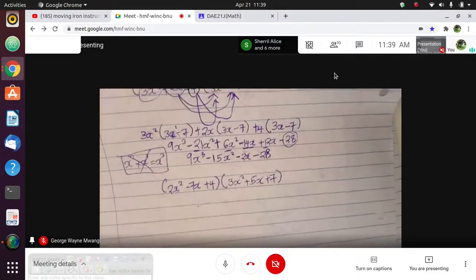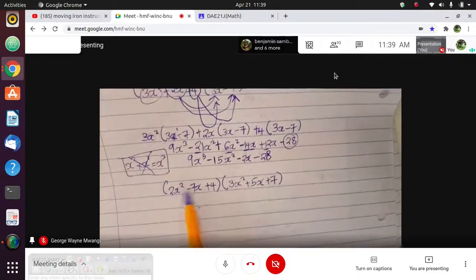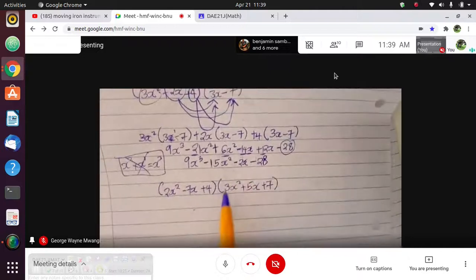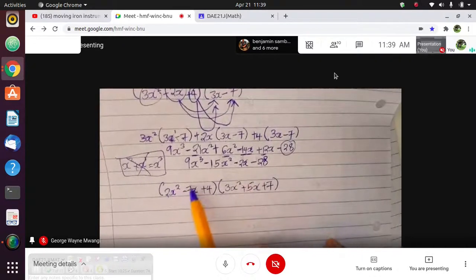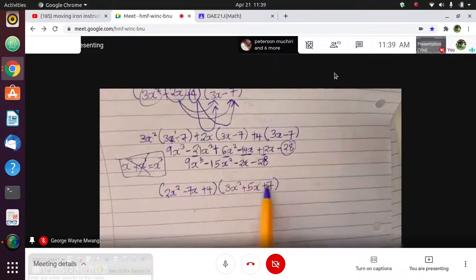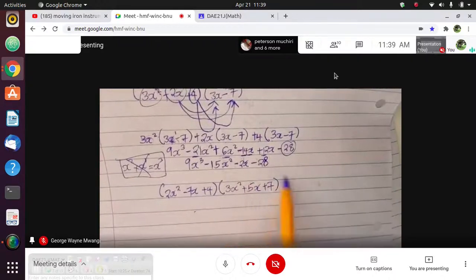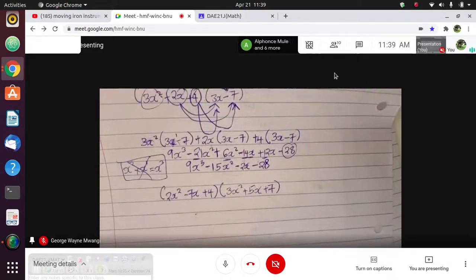You take the first value of the first bracket, you multiply by the values in the second bracket. You take the second value, you multiply with the second bracket, and then you take the third value and you multiply with the second bracket.